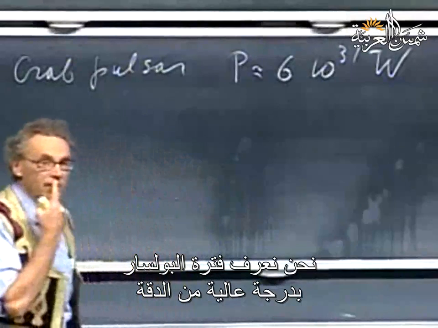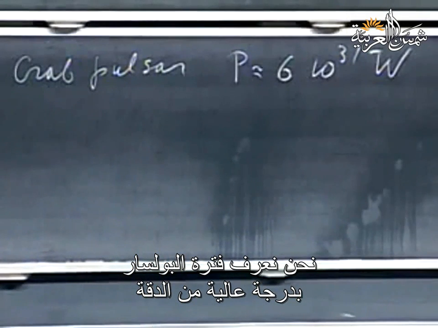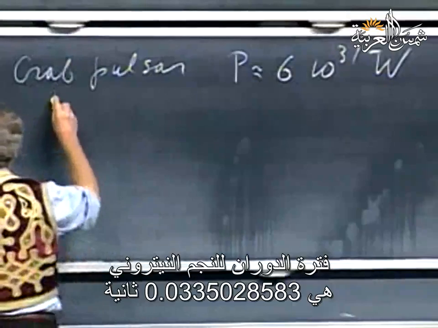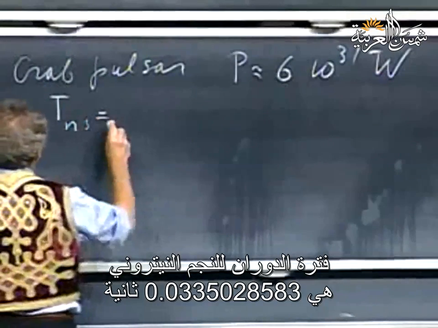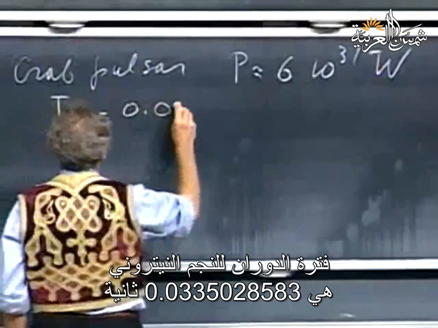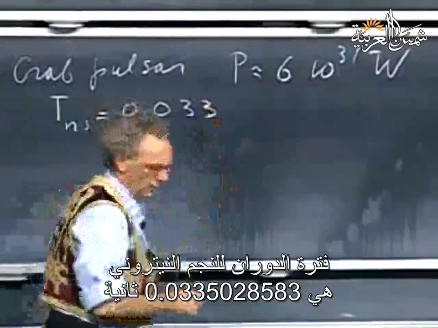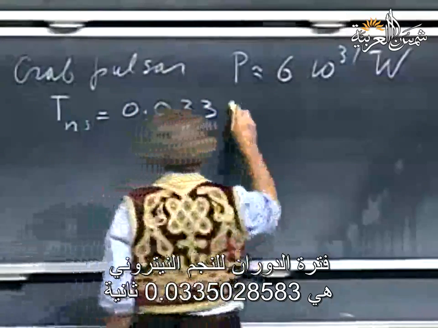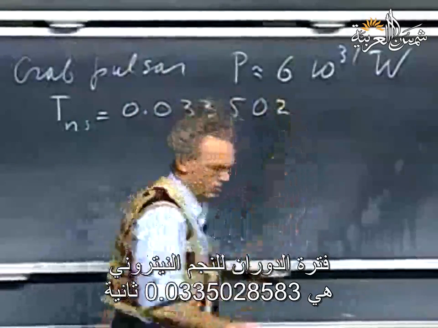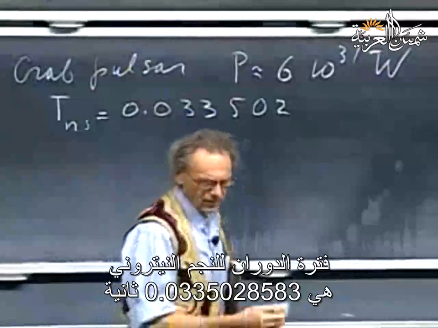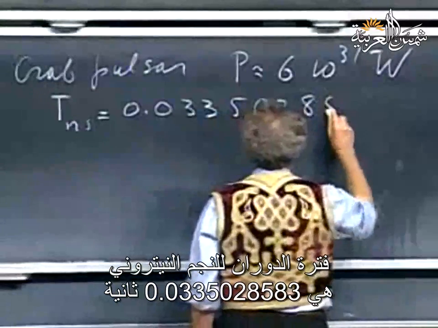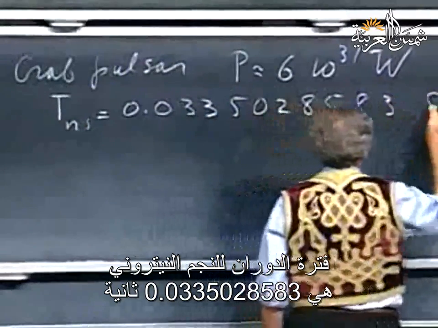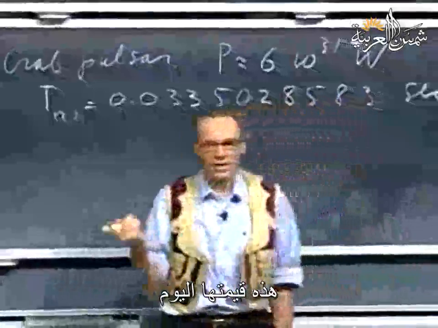We know the period of the pulsar to a very high degree of accuracy. The period of rotation of the neutron star is 0.0335025038583 seconds. That's what it is today.